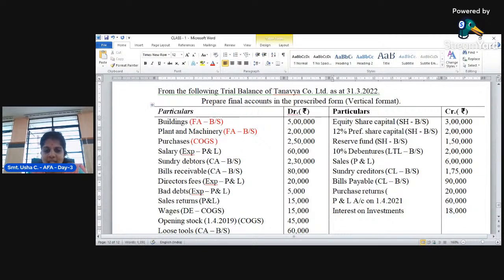What about purchase return? Purchase return will be taken in the cost of goods sold. That is, you deduct purchase return from purchases, and sales return will be deducted from sales.